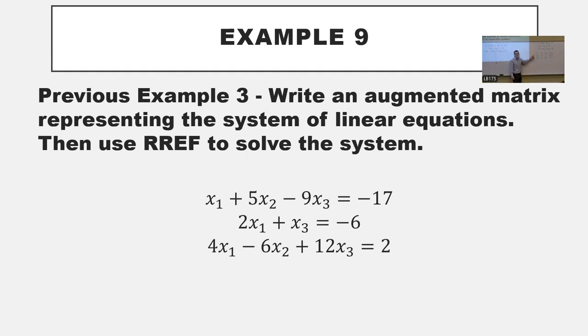I want you to try this example on your own. Again, I still have that written on the board over here on the right-hand side of the board, for reference. Try solving this system of linear equations on your own.